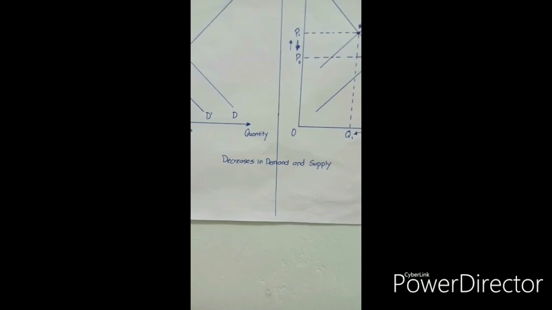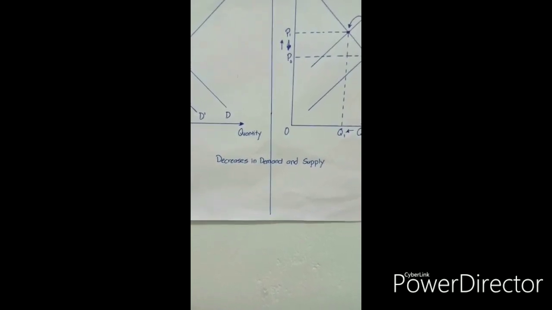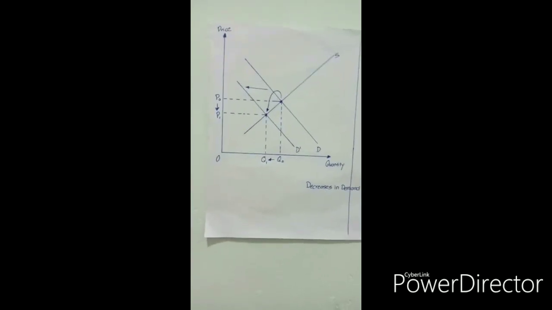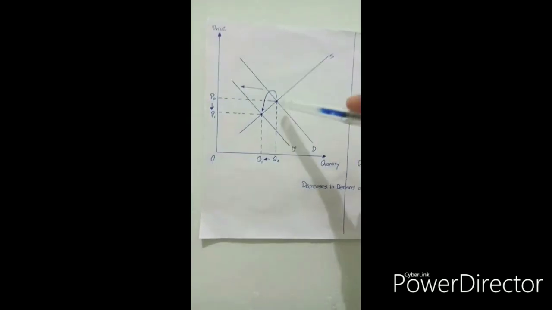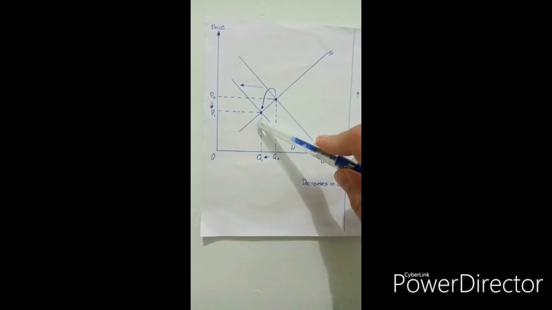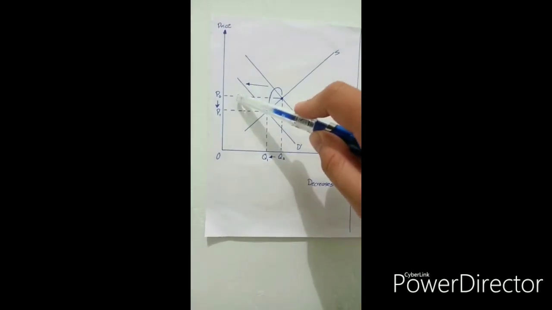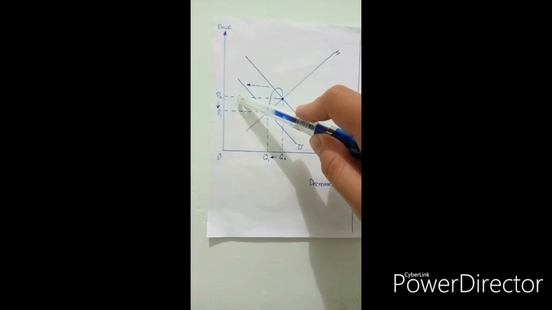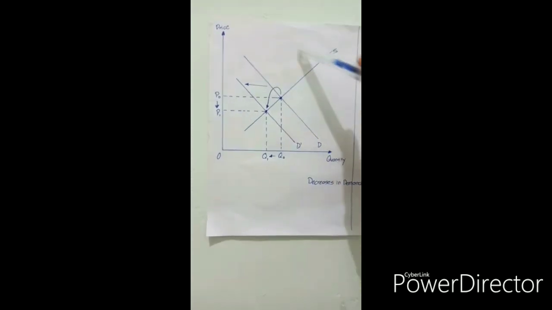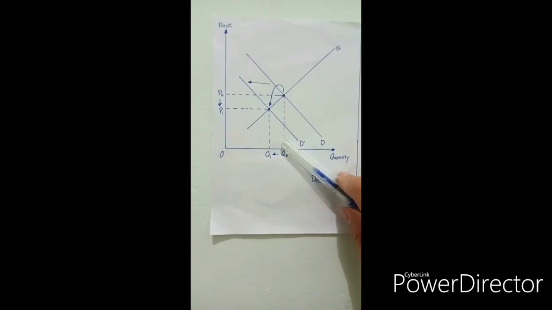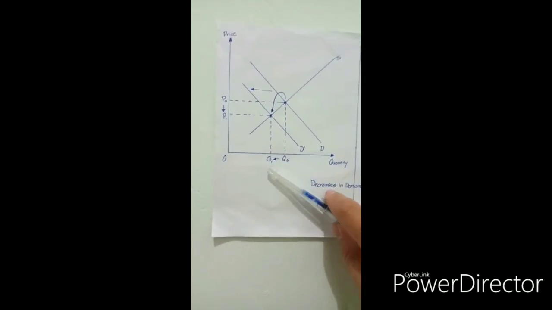Lastly, it's about decrease in demand and supply. For this graph, we can see that the lower demand will lead to a lower equilibrium price. It also will lead to a lower equilibrium quantity from Q0 to Q1.